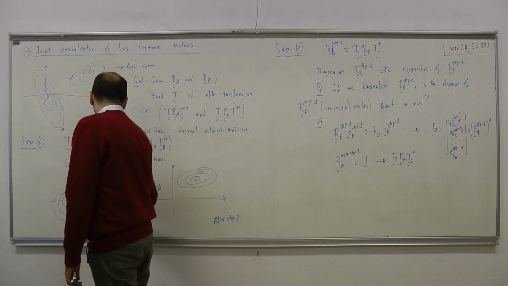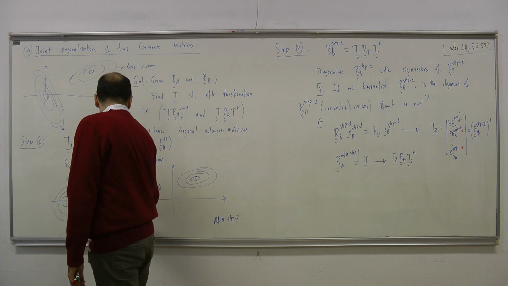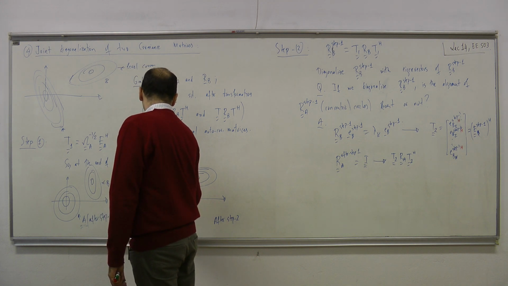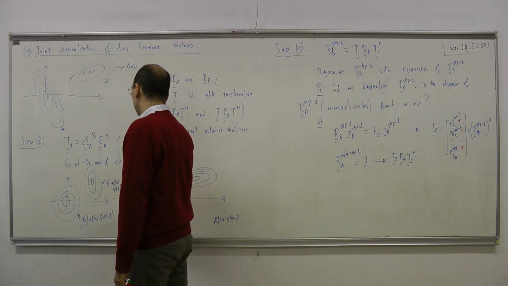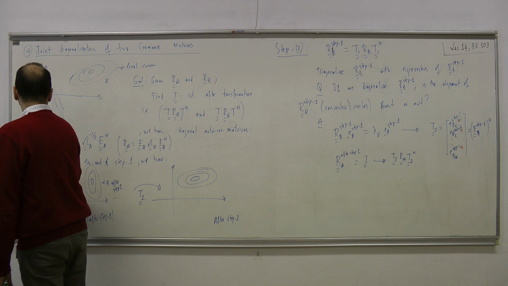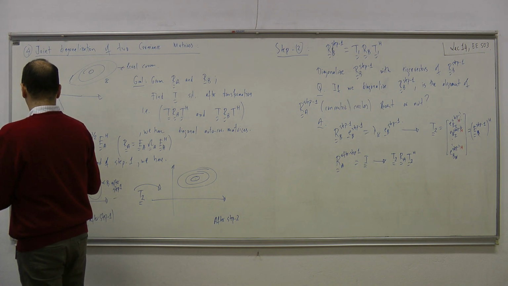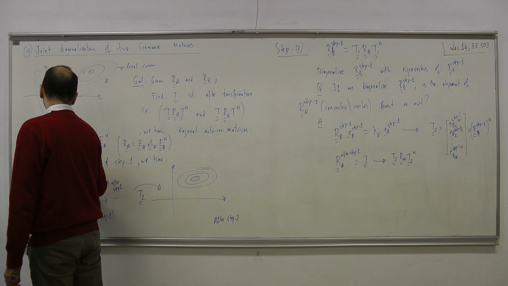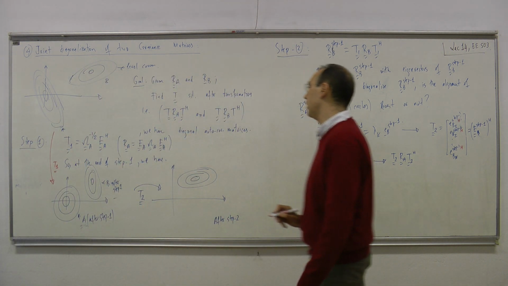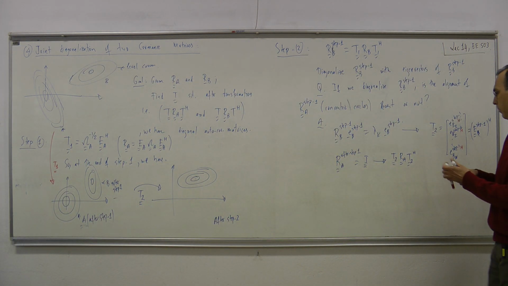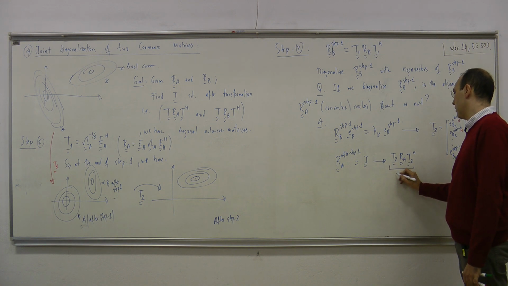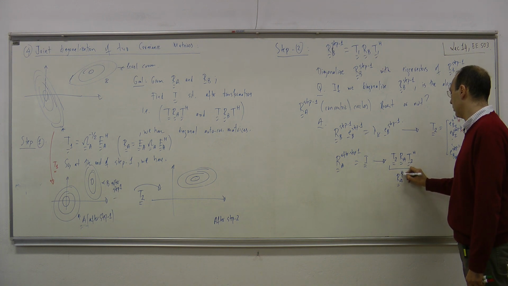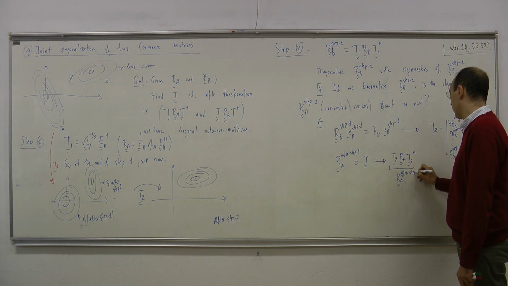So what should I call this vector? Previously I have, let me write over here. This is my T1 mapping. This is my T2 mapping, and this is RA after step number 2.